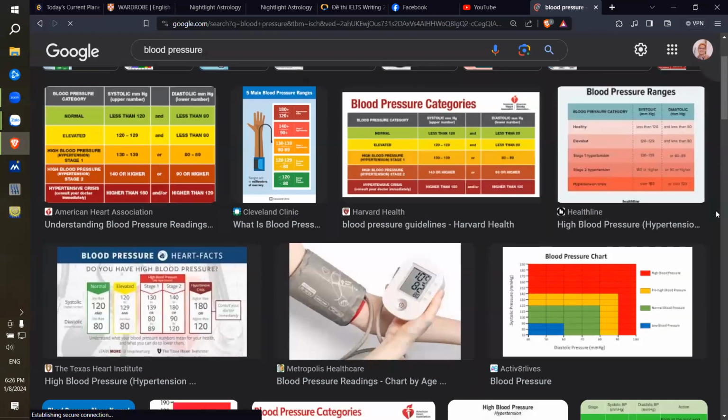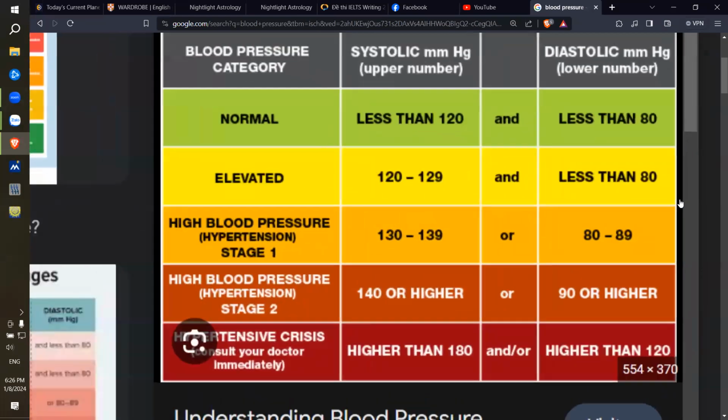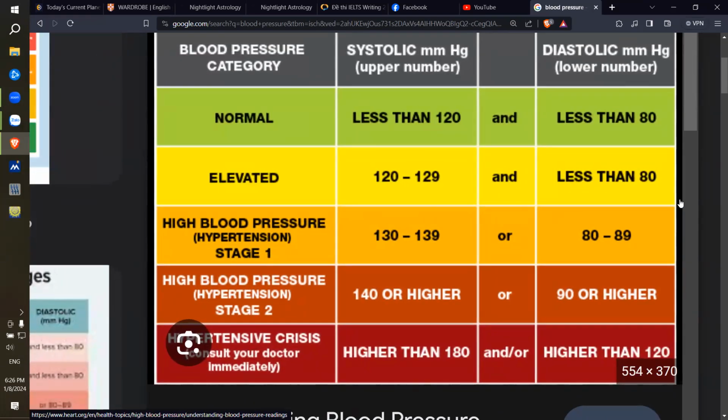It is measured in millimeters of mercury and is expressed as two numbers, systolic blood pressure and diastolic blood pressure. A normal blood pressure is around 120 over 80 millimeters of mercury, but normally it's a little bit less than that.